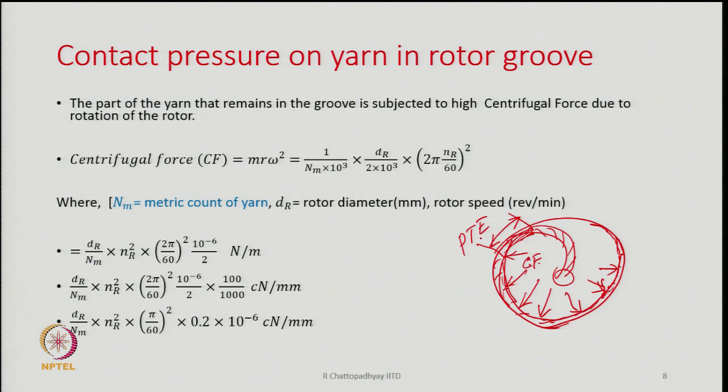As I said, the PTE zone, that is the peripheral twist extent zone, has to be of a certain length; it should not be 0, neither should it be too long.